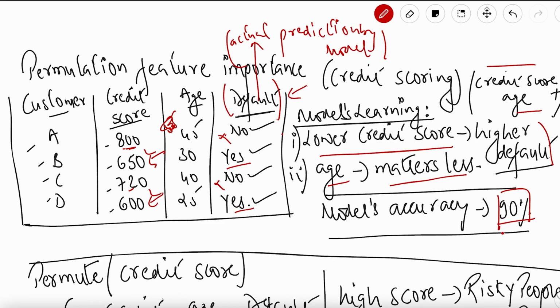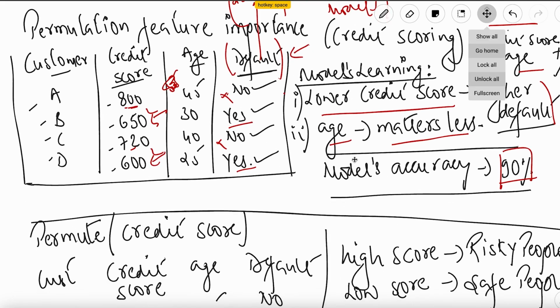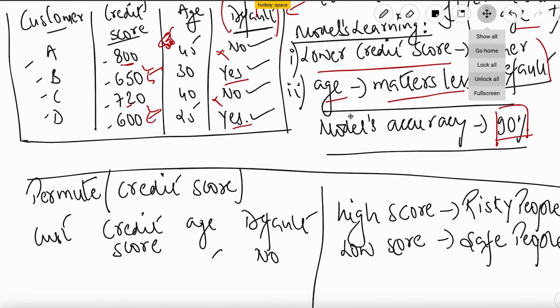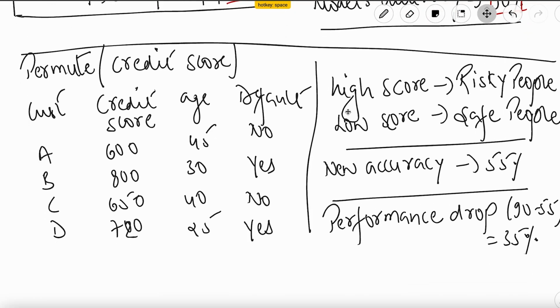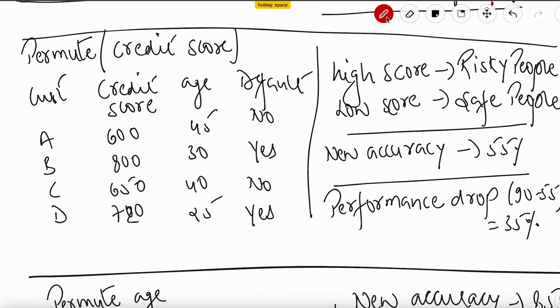Now let's say we want to find out which feature amongst credit score or age has higher importance in this prediction. So how can we do that? We'll use permutation here. Let's take them one by one. Let's take the example of credit score. We rearrange these credit scores.